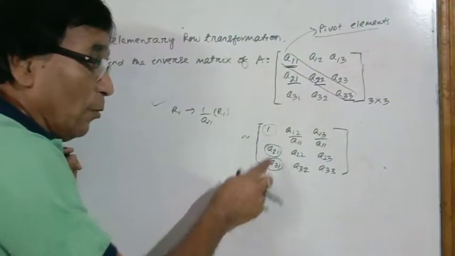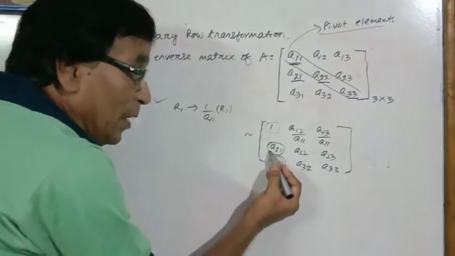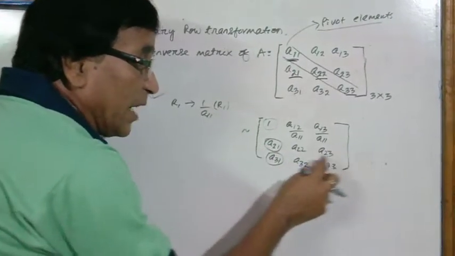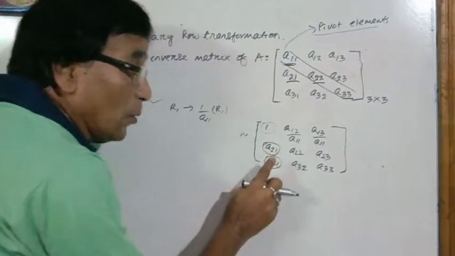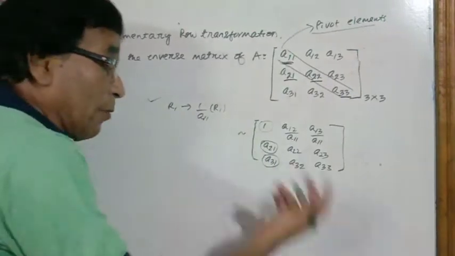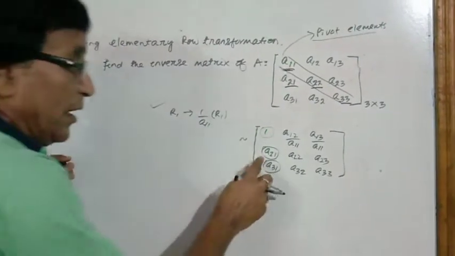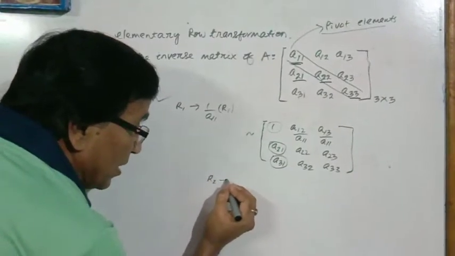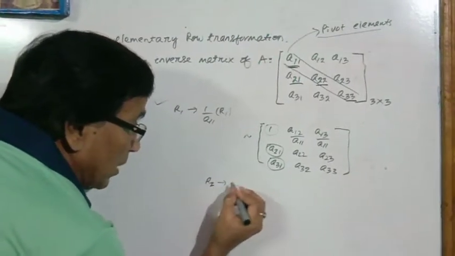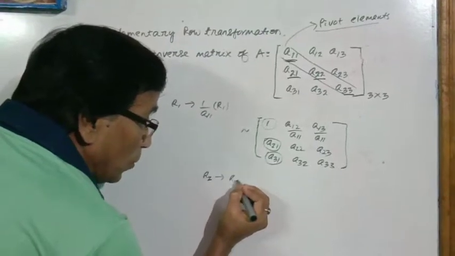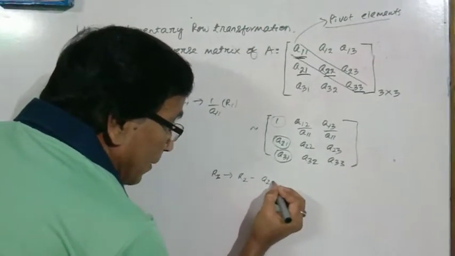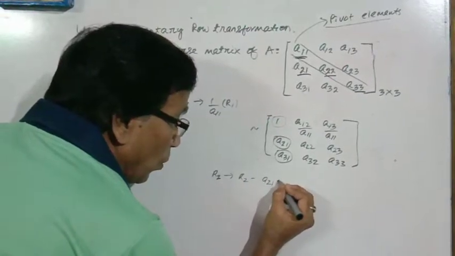Taking this to be 1, we will make the elements A21, A31, the corresponding elements of the second row and third row, to be 0. Now what elementary row operation will we take? Here the elementary row operation we can take is row 2 equals row 2 minus A21 into row 1.